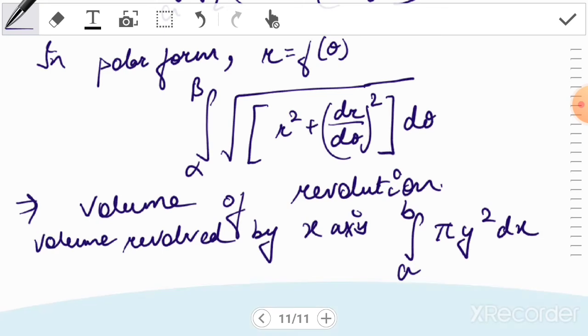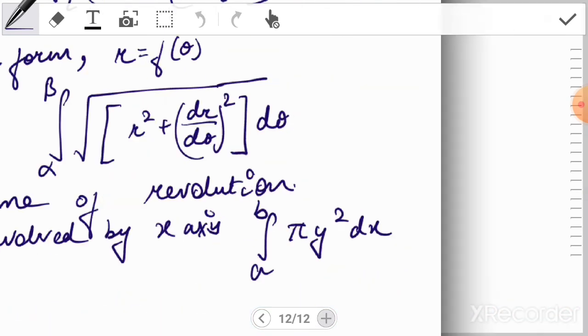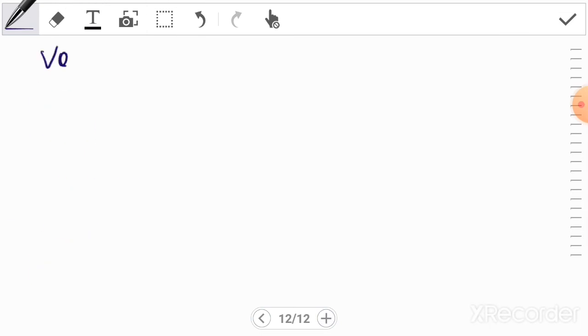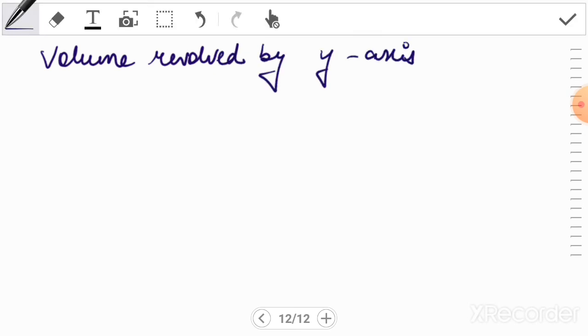Similarly, volume revolved by y-axis is given as integral a to b pi x square dy, right?